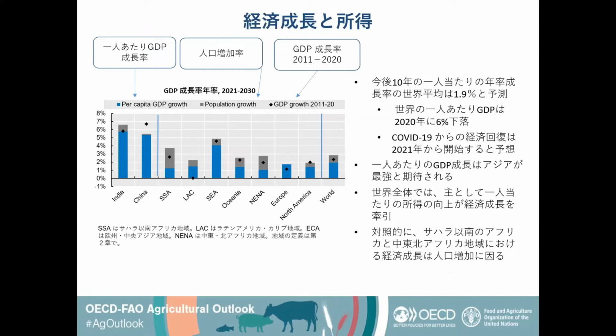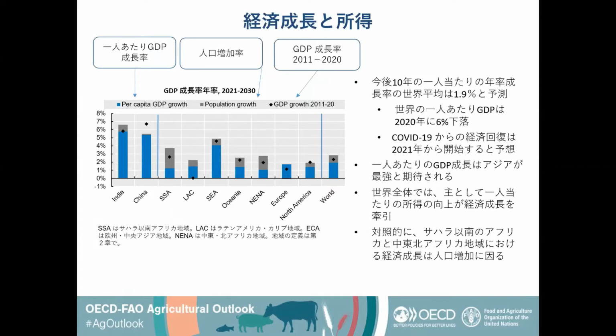The chart here shows a disaggregation of what's attributed to per capita growth and what's attributed to population growth. You see there that in most countries and regions, growth is predominantly attributed to per capita growth, as we just saw, because population growth is declining.